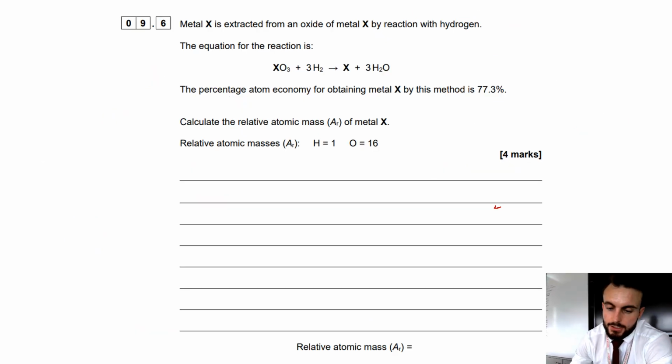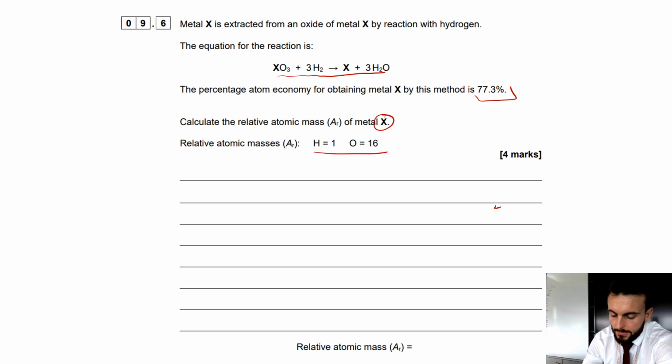So metal X is extracted from an oxide of metal X by reacting with hydrogen. Here's the equation. The percentage atom economy for obtaining the metal X in this method is 77.3%. Calculate the relative atomic mass of X, and we're given the masses of hydrogen and oxygen there. We're on about percentage atom economy, so first off we need to remember the equation for that.